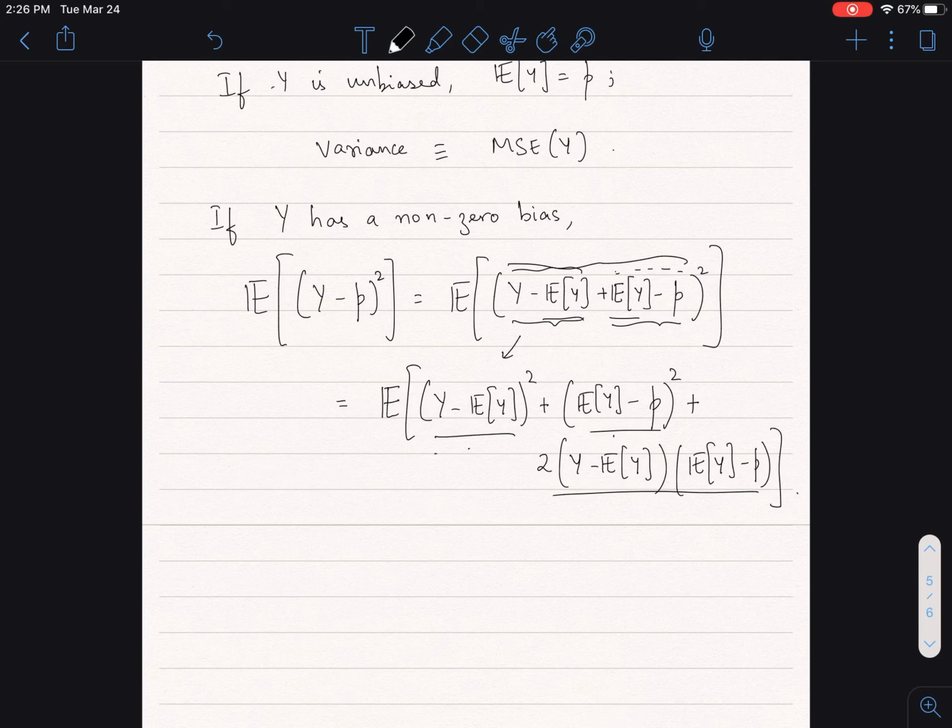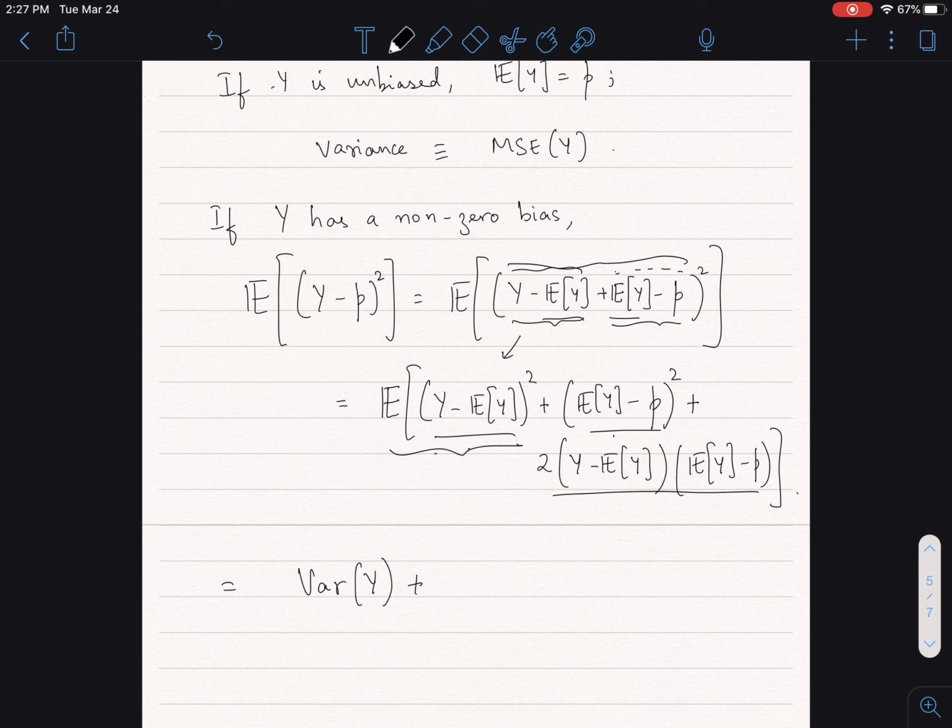So the first one can be written as the expected value of y minus the expected value of y whole squared. This is exactly equal to the variance of y.